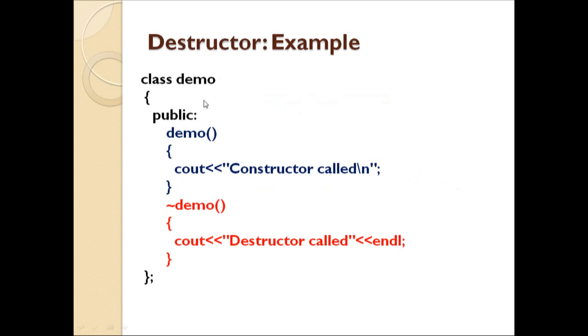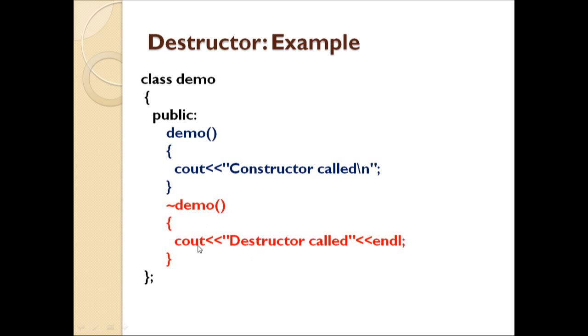And here I have listed one example to make the concept clear. The name of the class is demo, and here there is a constructor. The purpose of this constructor is simply to display the message constructor called, and here the red color text shows the destructor. It is preceded by tilde symbol.